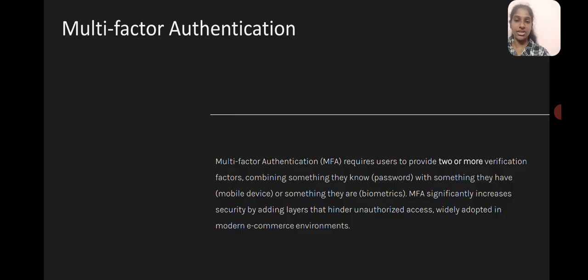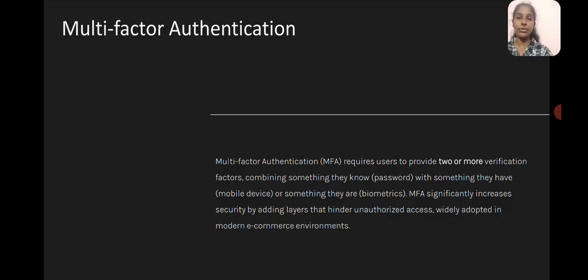Multi-factor authentication significantly increases security by adding layers that hinder unauthorized access, and it is widely adopted in the modern e-commerce environment.